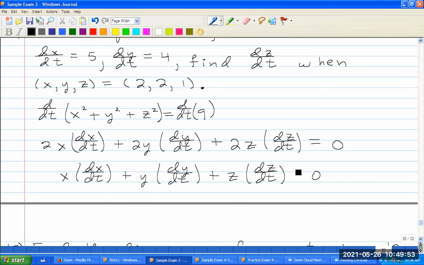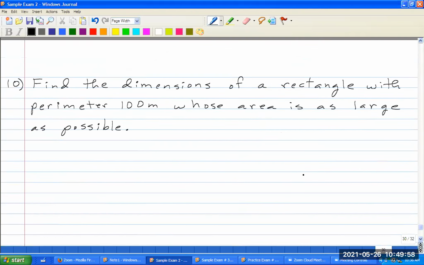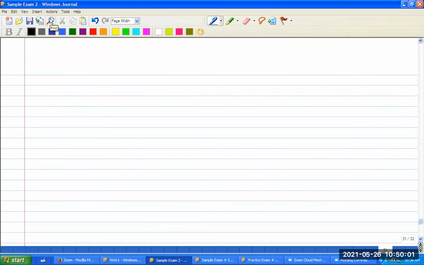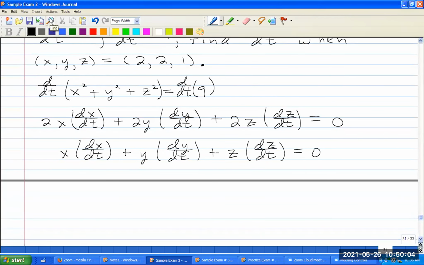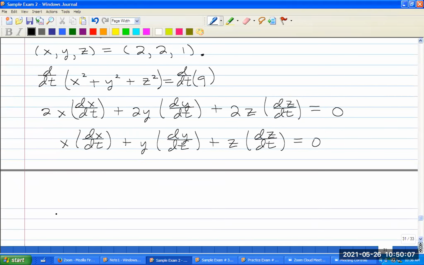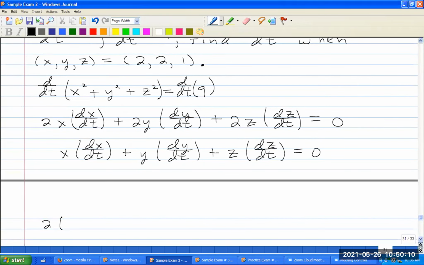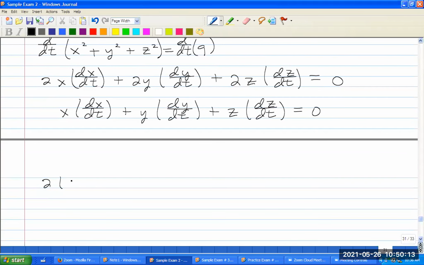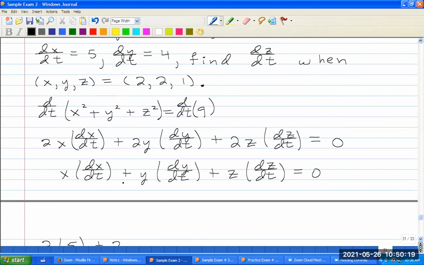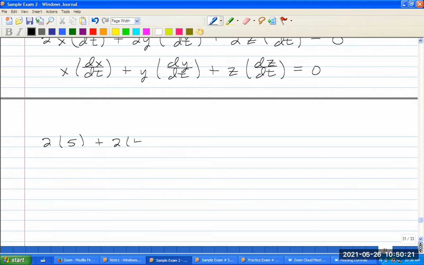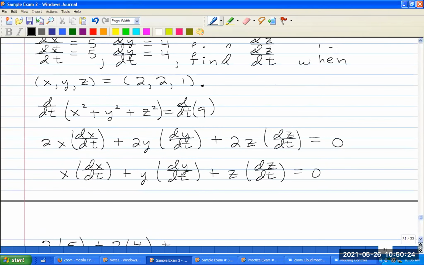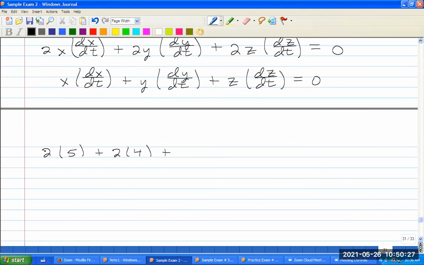Plug in x is 2, dx/dt is 5, y is 2, dy/dt is 4, z is 1, and dz/dt.